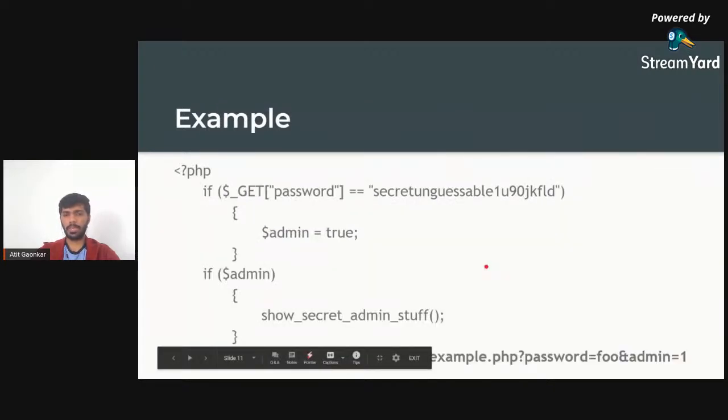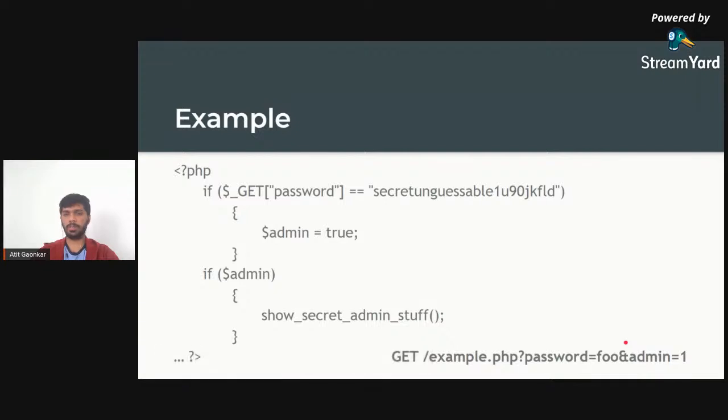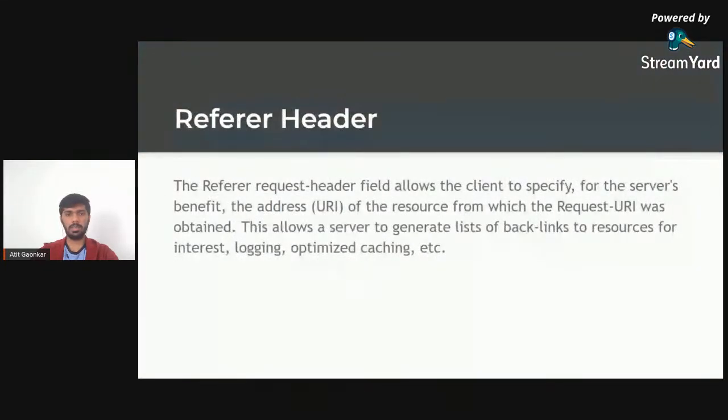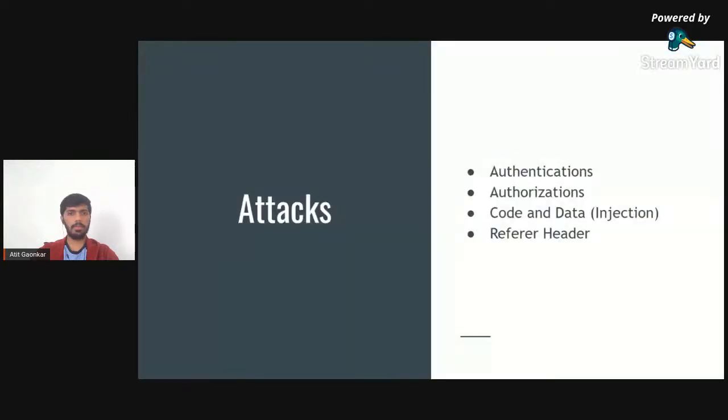Now, we saw a PHP example too and how to avoid having a GET request for posting something into the web database. We then did see some of the attacks on authentication, authorization, and code injection.